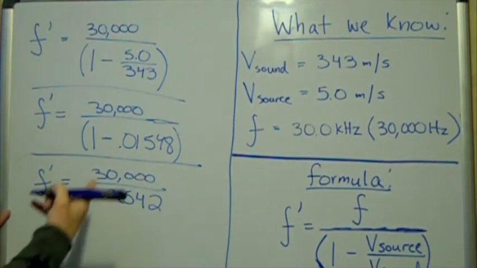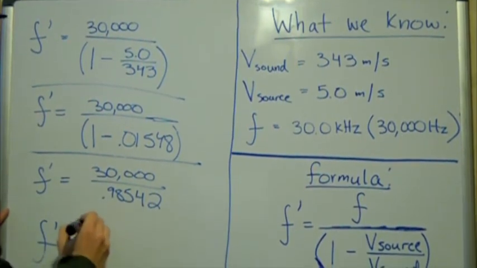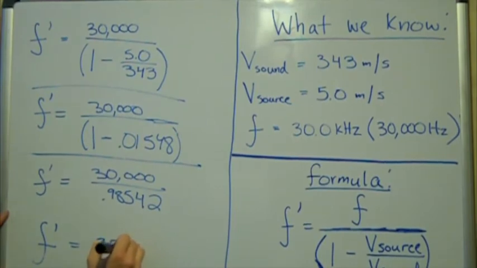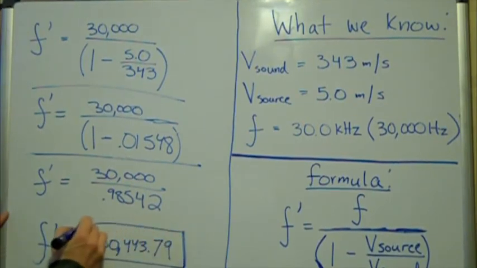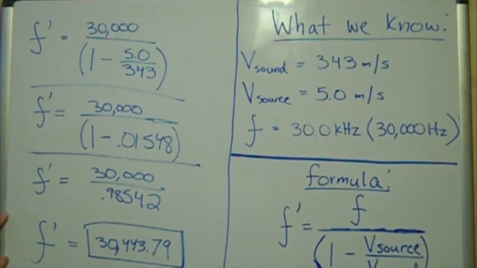And then once we divide this, our f prime becomes a rather large number. We're going to get something around 30,443.79. Now we're not going to use sig figs or anything like that like I mentioned earlier, so we're just going to leave this for now. So 30,443.79 is our f prime for step 1.